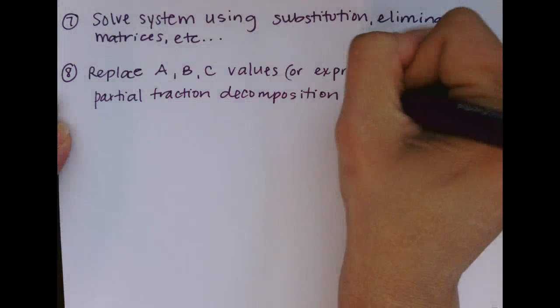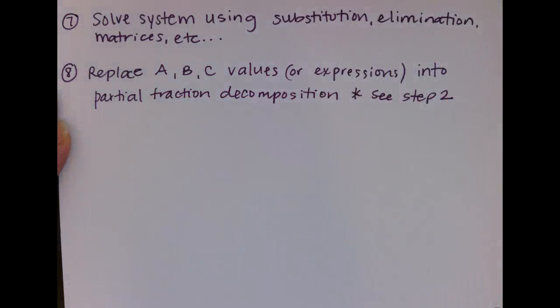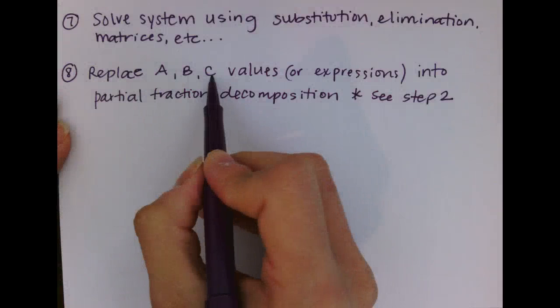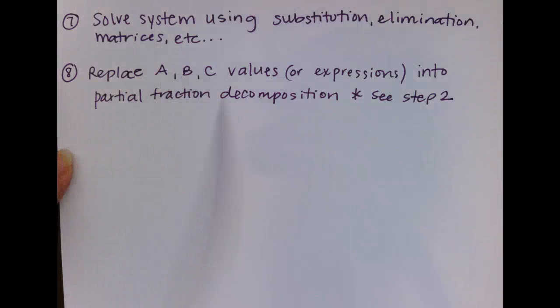Okay, I'm going to say here, see step 2. In step 2 you should have written out those fraction decompositions with a's, b's, and c's, and now you're going to replace them with specific numerical a, b, and c values.